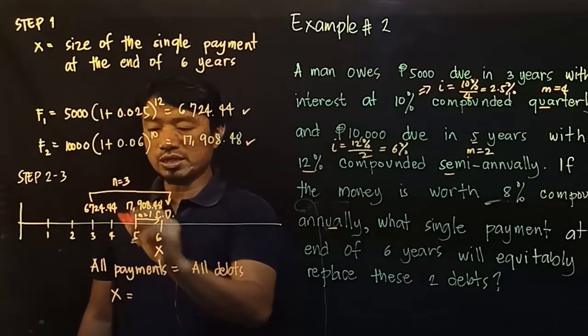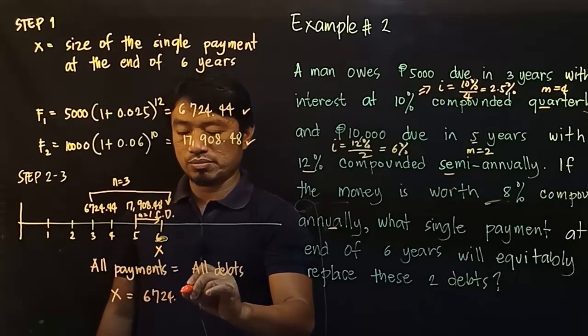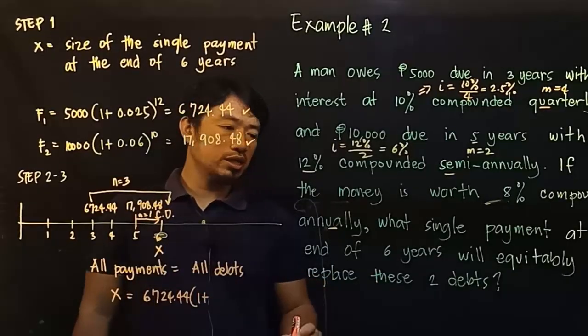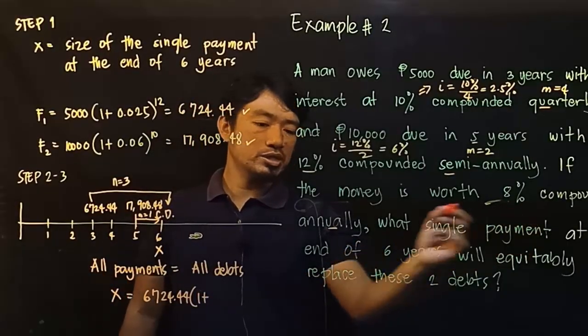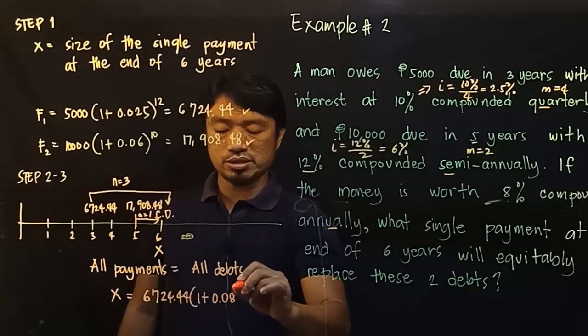So for this quantity, 6,724.44 times 1 plus the interest rate, which is 8% compounded annually, so 0.08.